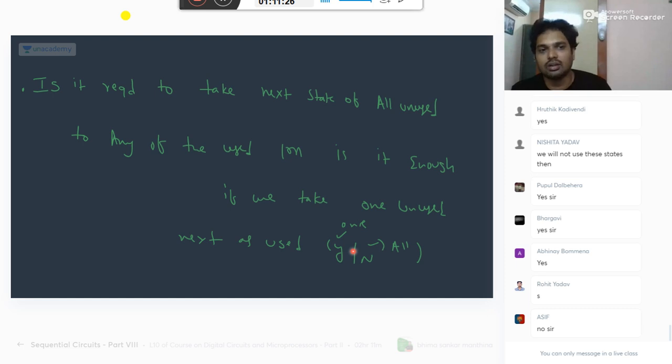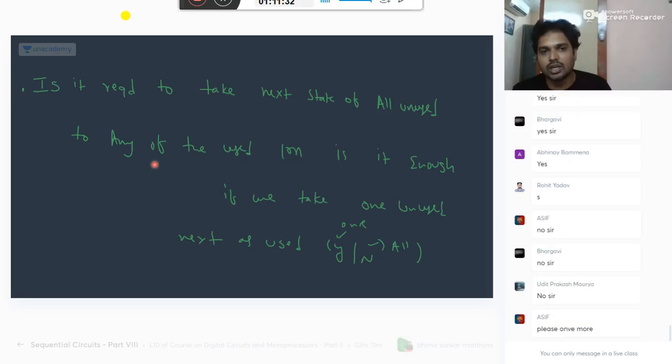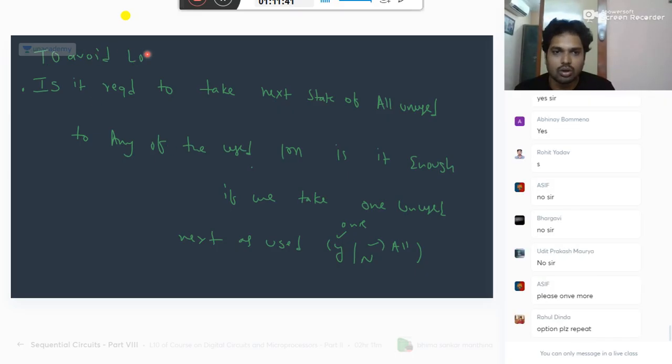To avoid lockout, is it required to take the next state of all unused to any one of the used, or is it enough to take only one unused state as used?